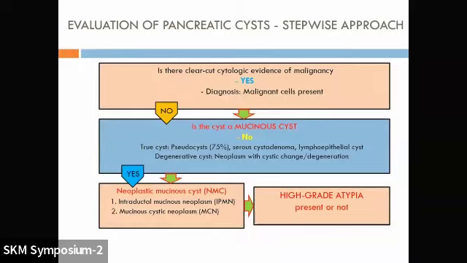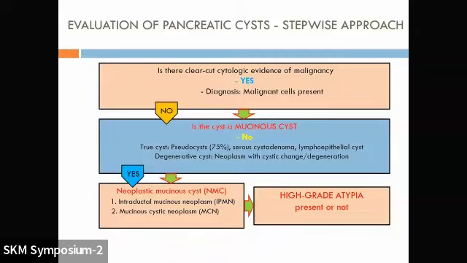This illustration shows an algorithmic approach to evaluating cytological samples from pancreatic cysts. Whenever you get a cytology sample from a cyst, the first thing that you need to do is to rule out malignancy. Once malignancy is ruled out, the next step is to see whether you are dealing with a mucinous cyst or not.